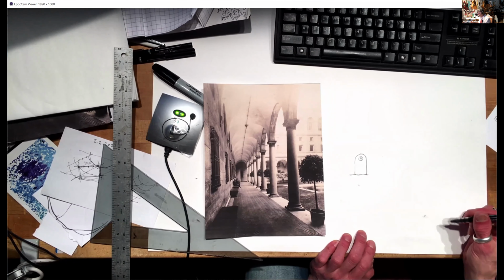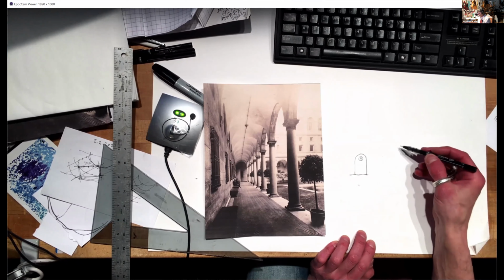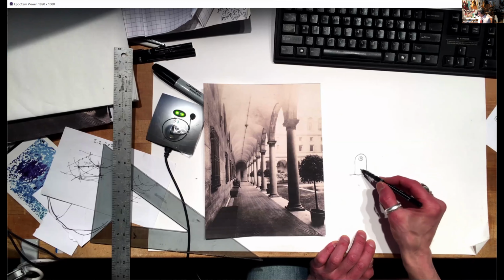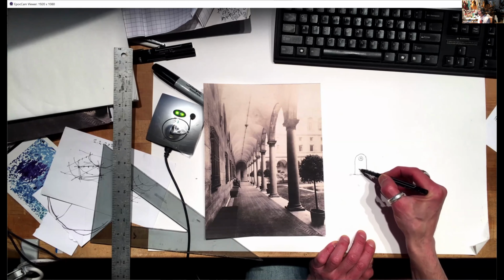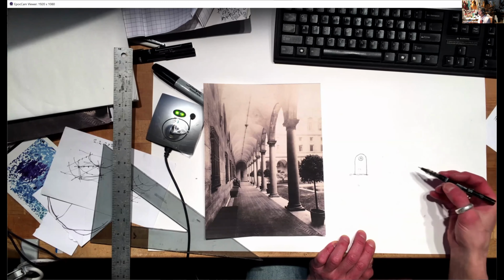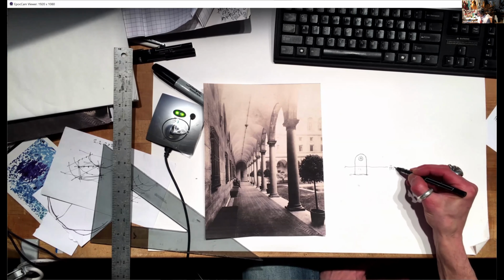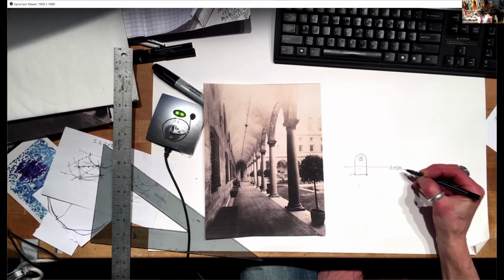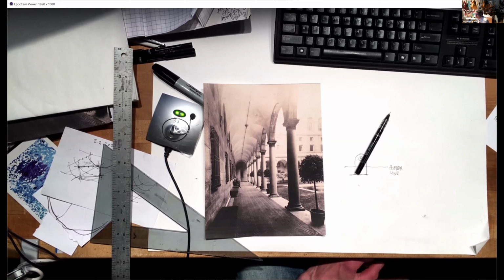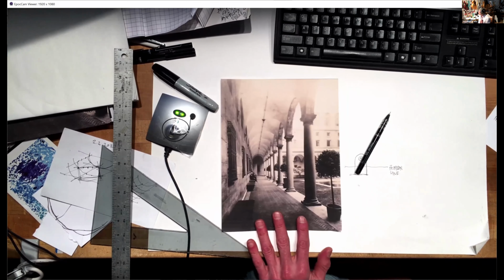Now what I want to do is identify the horizon line. How do I know where the horizon line is in this picture?